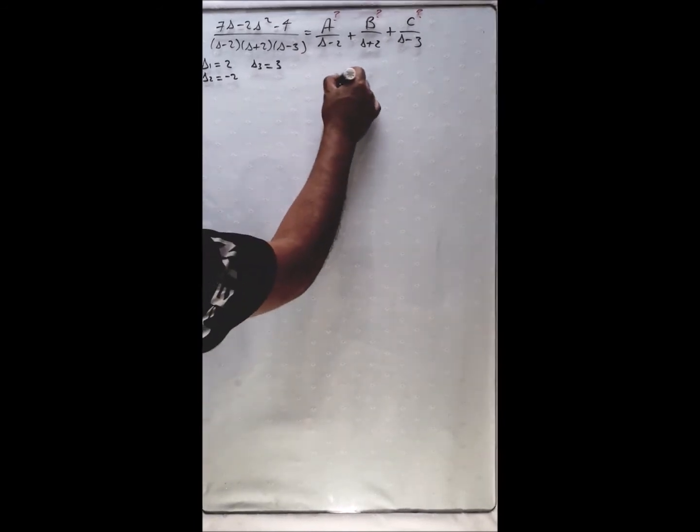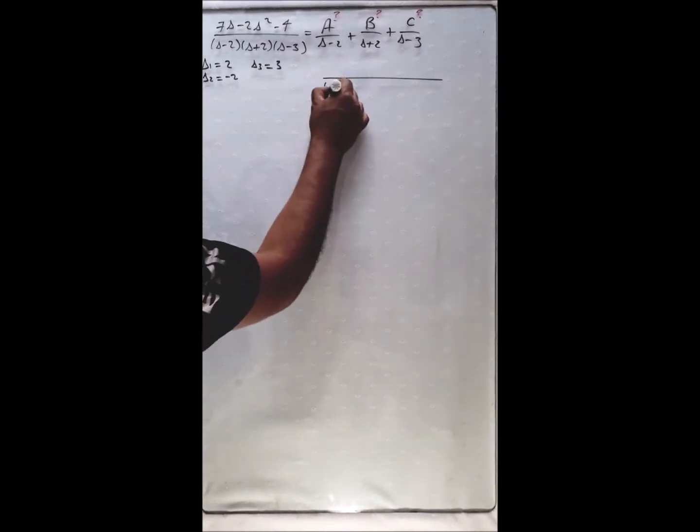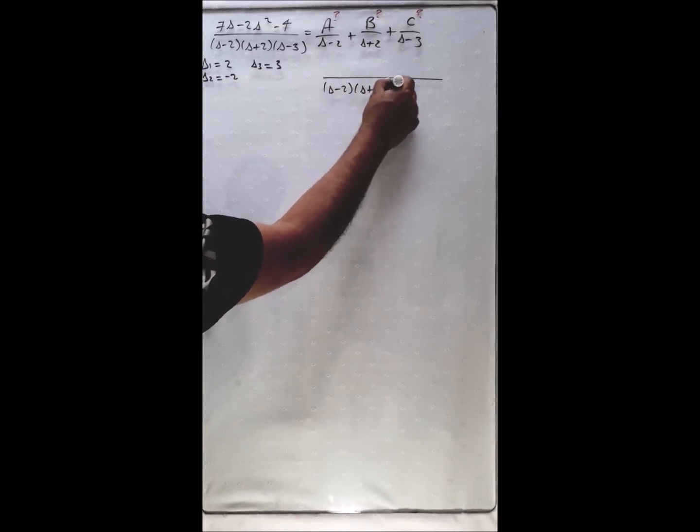Okay, what is the common denominator of this? The common denominator is (s minus 2)(s plus 2)(s minus 3).